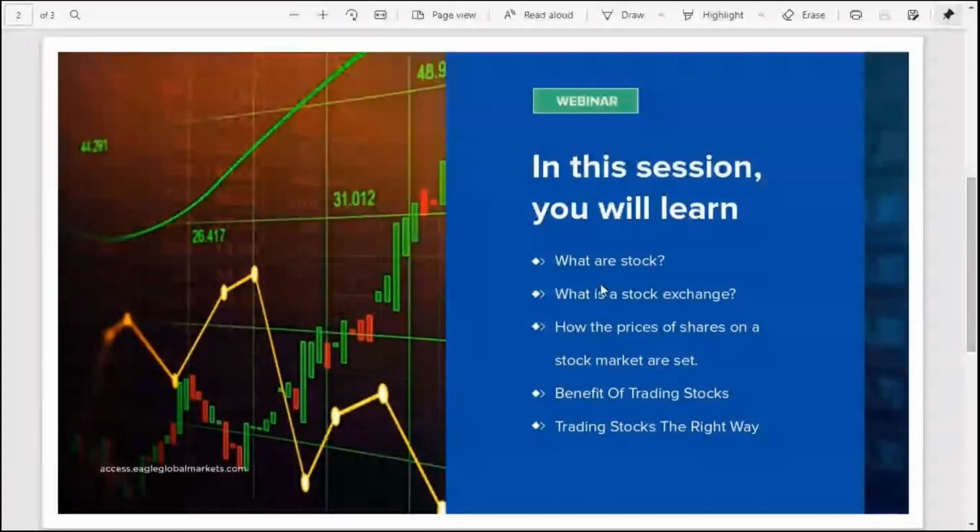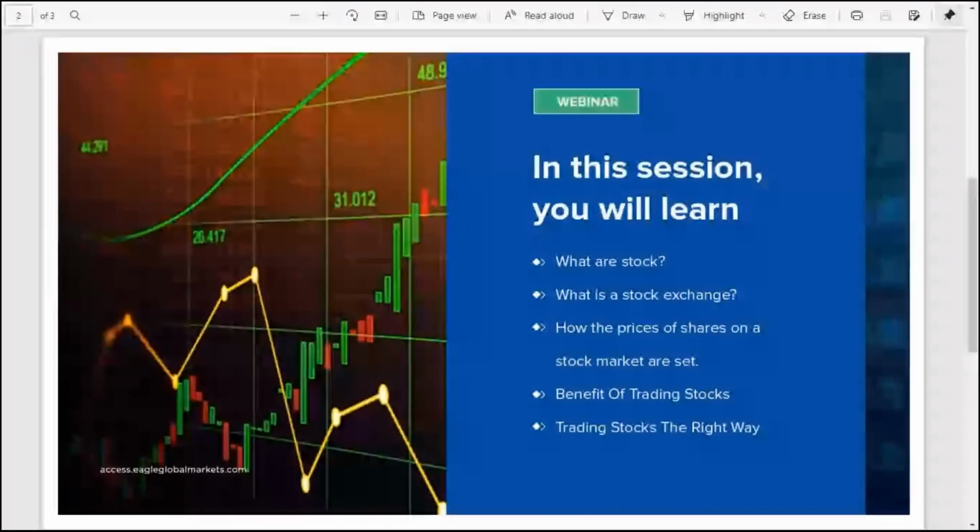Now, how the prices of shares on the stock market are set. Now you'll be wondering, Apple is trading at, let's say, $600 for instance. Amazon is trading at, I'm just using random prices, okay, not potential market prices. Or let's just say Amazon is trading at XYZ amount, Apple is trading at ABC amount, and the likes.